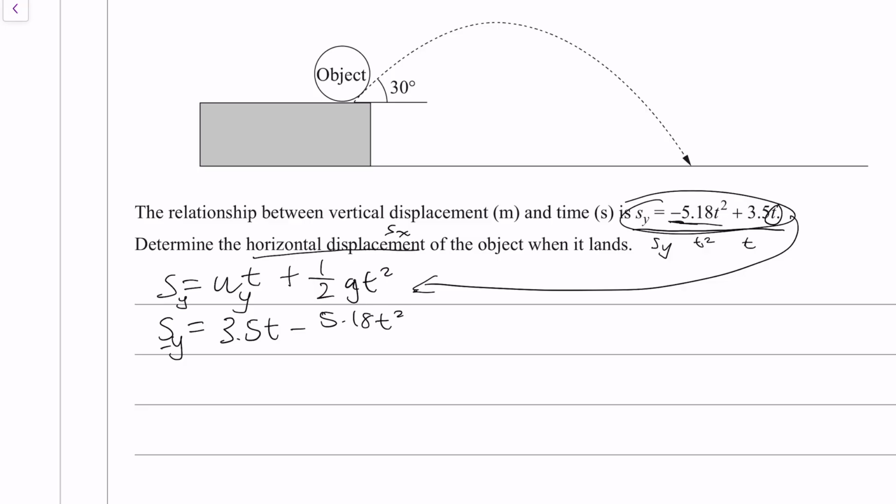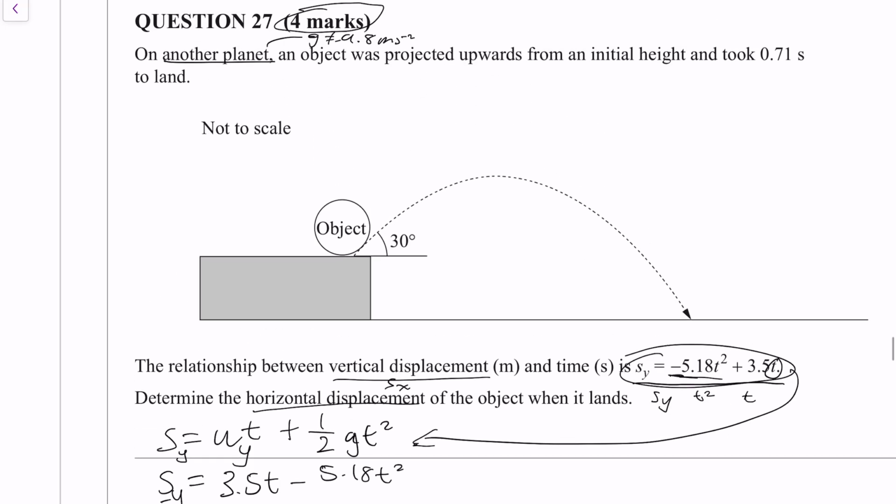I know that my vertical displacement, when I project an object, I always have x and y components, and to form a right angle triangle. So this is maybe my uy.